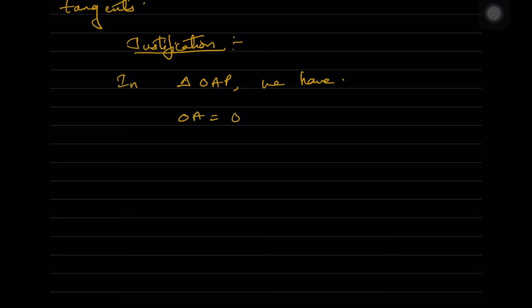Now what is the justification? We'll see. In triangle OAP, we have OA is equal to OP is equal to 5 centimeters, which is equal to the radius.